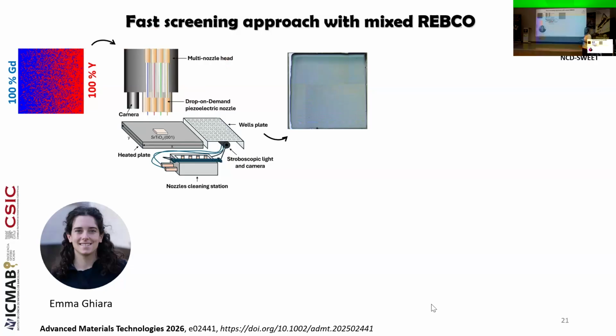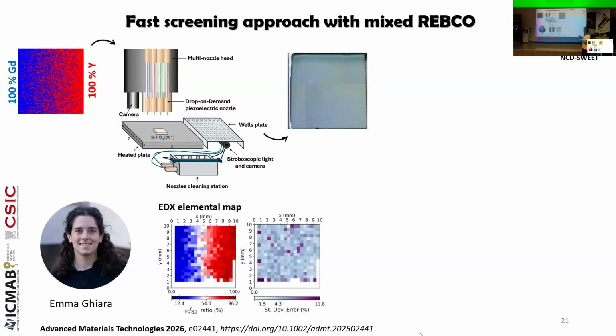For that, we use an inkjet printing machine, where we input a bitmap image of compositional gradients, here between yttrium and gadolinium, which can print on a 10 by 10 substrate the compositional gradient of precursor solutions. And this was confirmed by EDX elemental mapping, where each pixel can tell us what ratio of yttrium to gadolinium we obtained in each pixel.